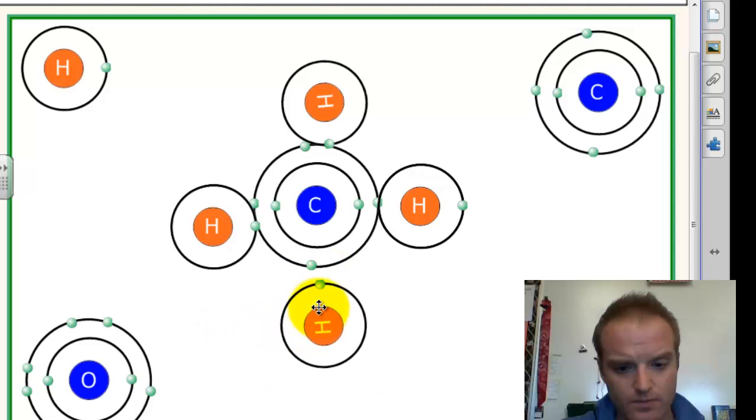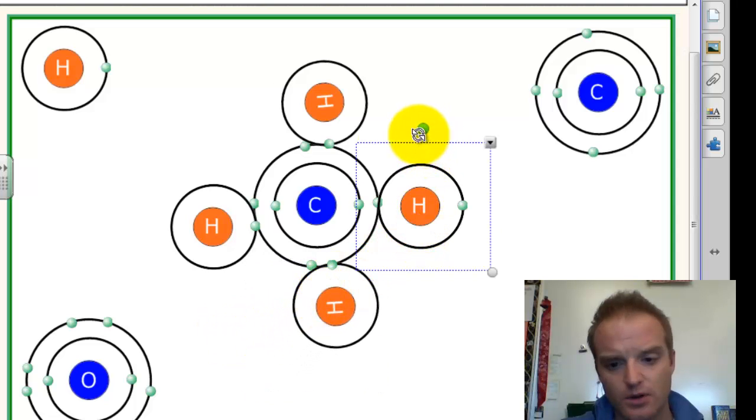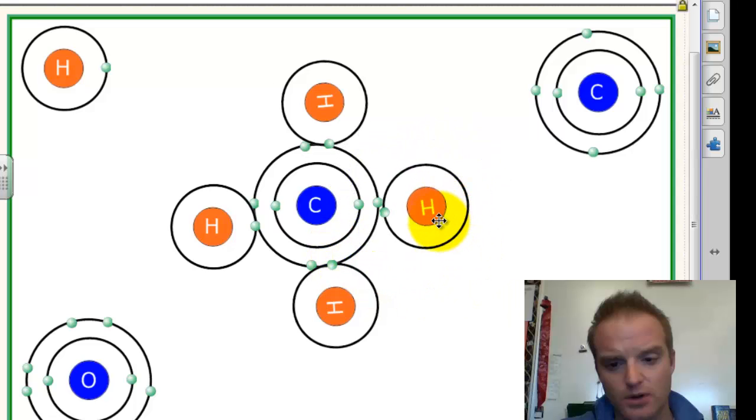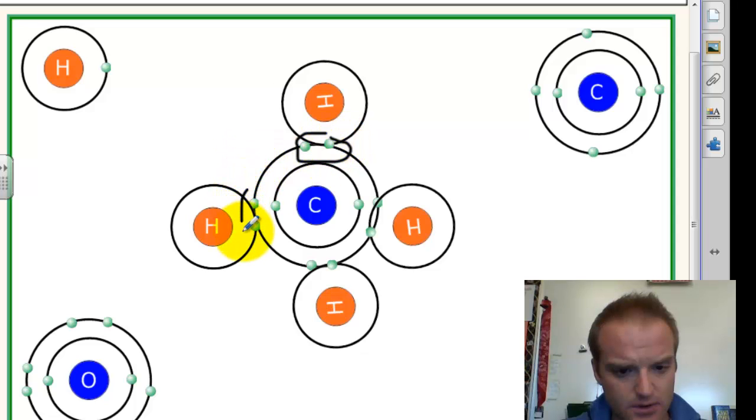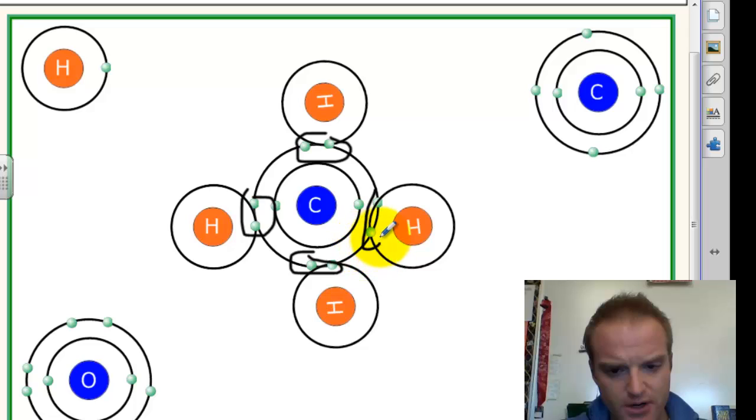Now, again, I want that outer shell to be 8 for carbon and 2 for hydrogen. So this guy is sharing those two, we're sharing those two, we're sharing those two, and we're sharing those two. So you can see now carbon has its 8, 2, 4, 6, 8, and each hydrogen has 2, so it has that outer shell filled. So again, our biggest goal is to fill that outer shell.